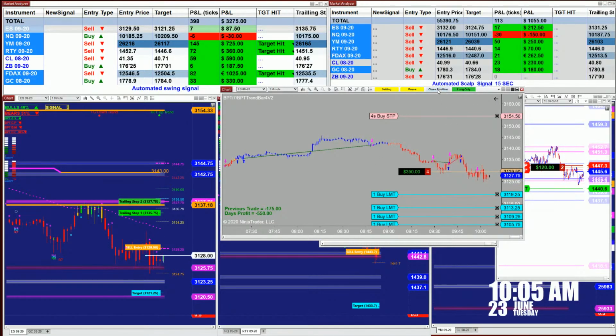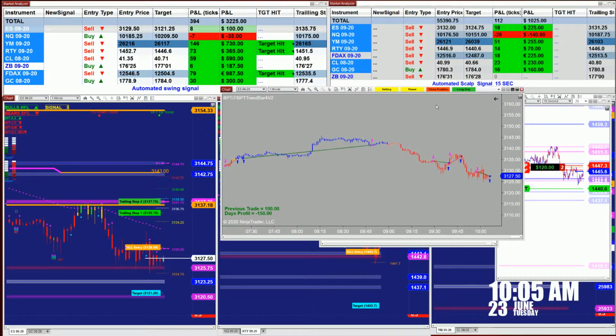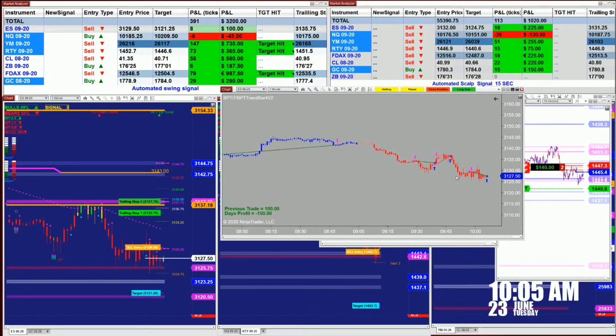Look at this on the top. I recognize the ES is not going to go anywhere. As you see here, it says closing position, and I'm going to close the position and walk away with some money. I can interfere with the auto trade.